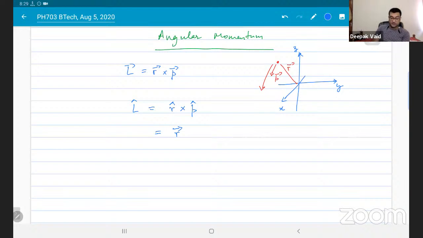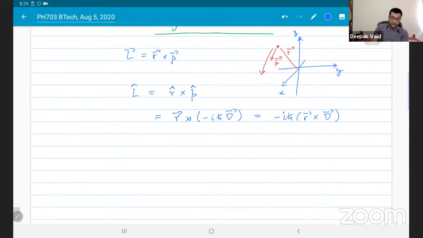Position just becomes the position eigenvalue, which is just r. And the momentum becomes this operator, the gradient operator. So the angular momentum operator becomes this expression, r cross (minus i h bar times the gradient).